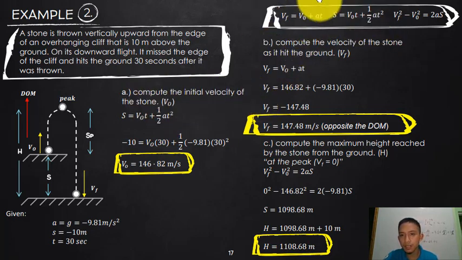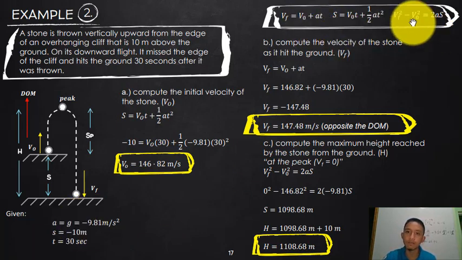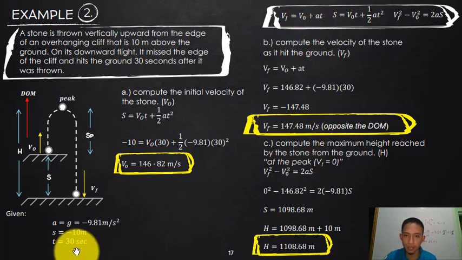So let's try. I already included here your 3 equations of rectilinear motion. That's why it is important for you to write down the givens, so that you can choose your equation right away. By merely looking at these 3 equations, what we need to get is V sub O, and what do we have? A, S, and T. So look at the equations.